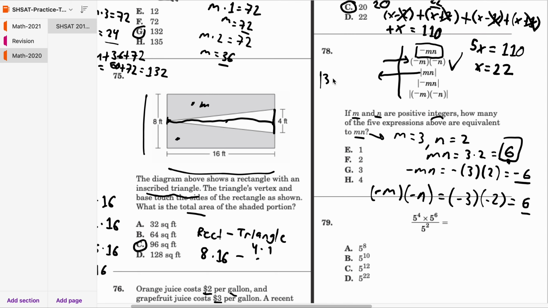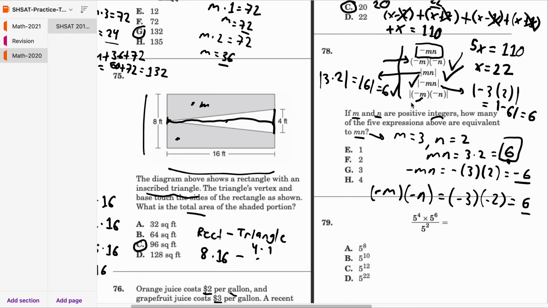So we're plugging in 3 for m and 2 for n. So this is just the absolute value of 6, which is equal to 6. So that's what we want, right? And then the absolute value of negative mn, so this one would be negative 3 times 2, which is the absolute value of negative 6, which is still 6. So this also works.